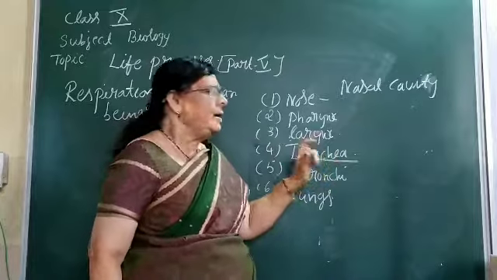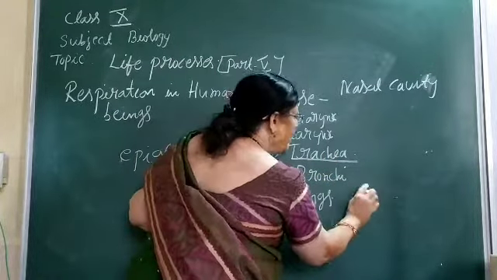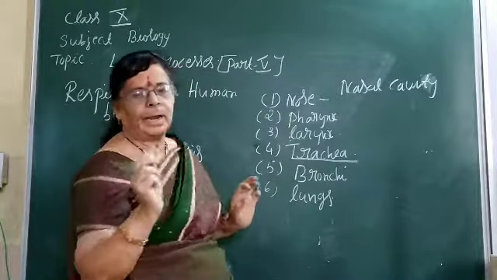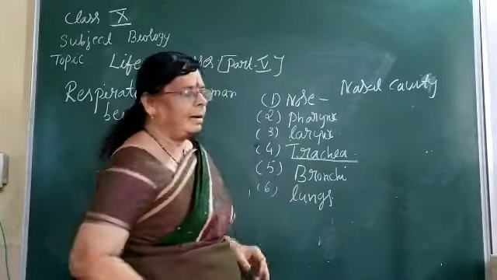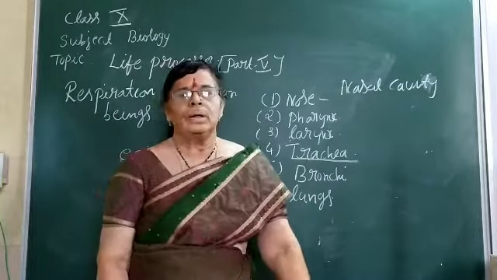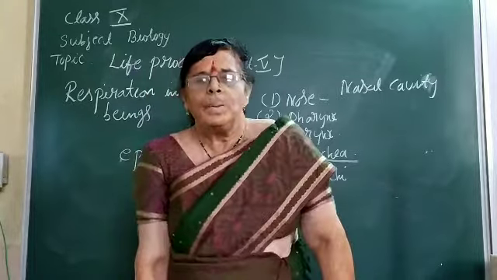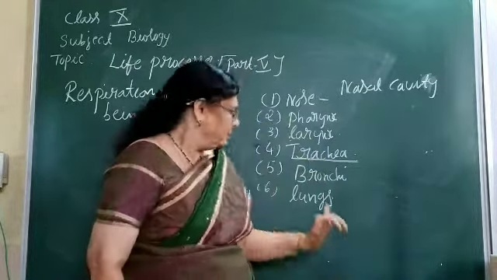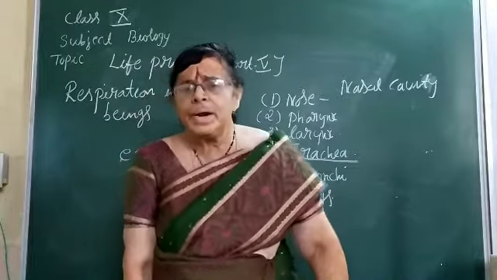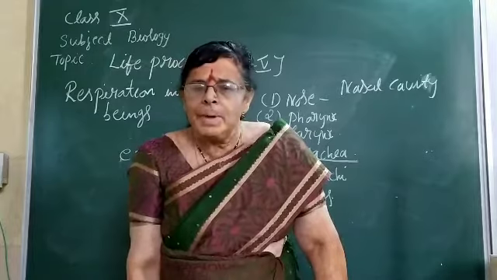The trachea divides into two parts called bronchi. The singular form of it is bronchus. Then the bronchi enter into the lungs. Lungs are a pair of pinkish elastic bags. The lungs are covered by one protective membrane called the pleural membrane.